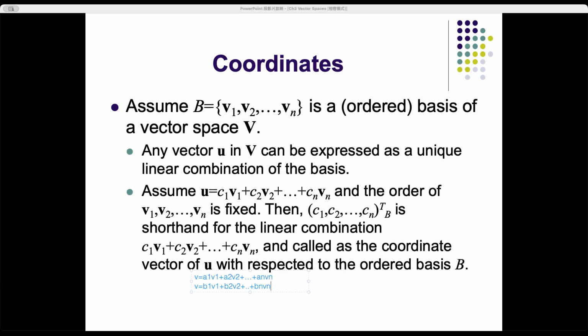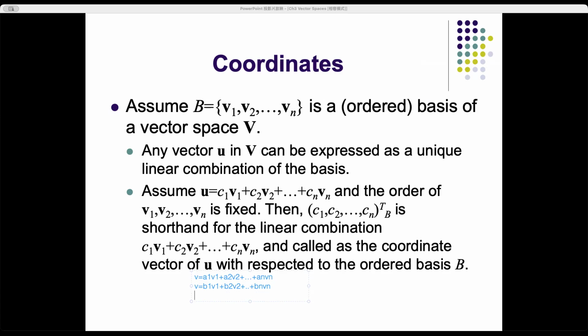So the same vector V can be written as two different linear combinations of these n vectors, where V1, V2 and so on are in a fixed order. Then you subtract the lower formula from the top formula.